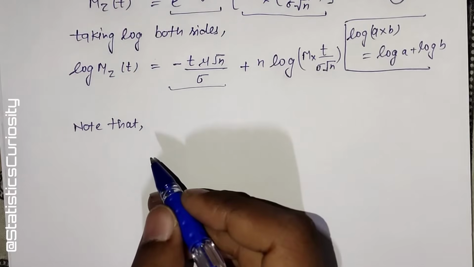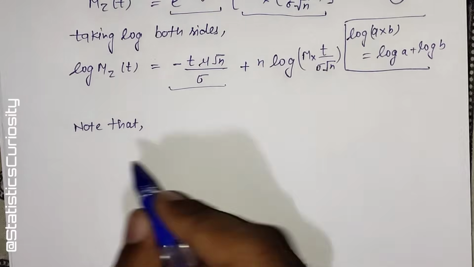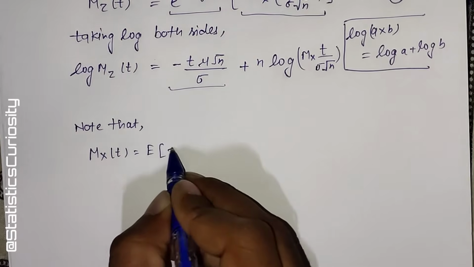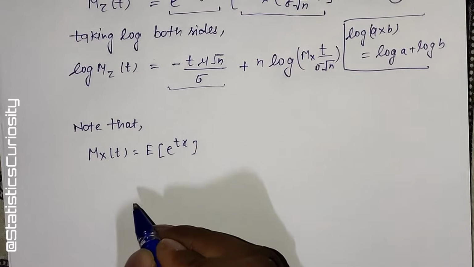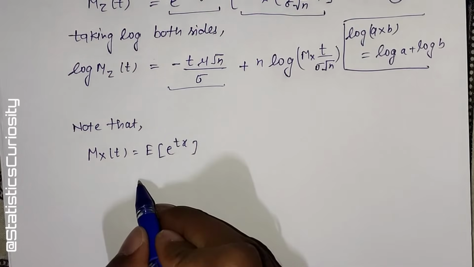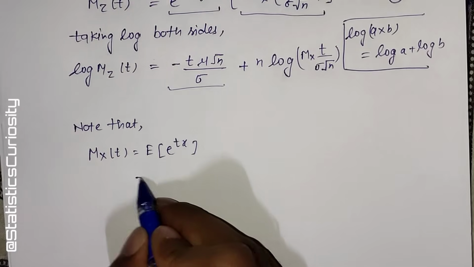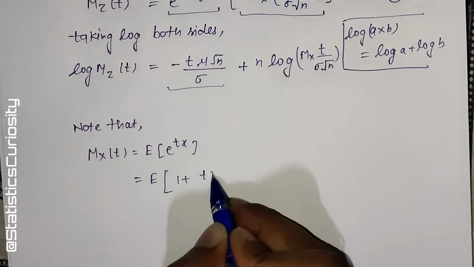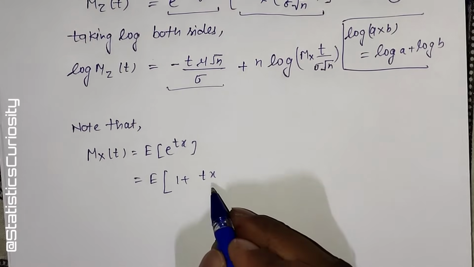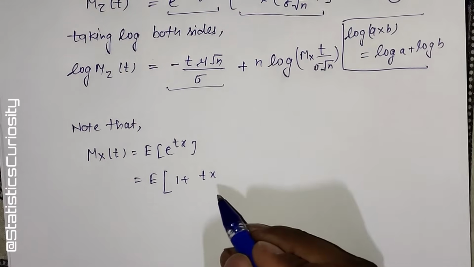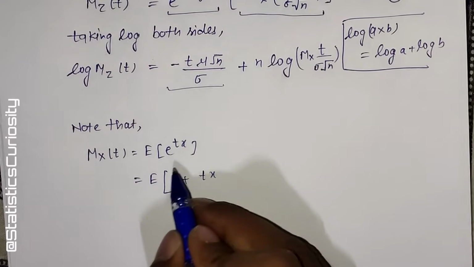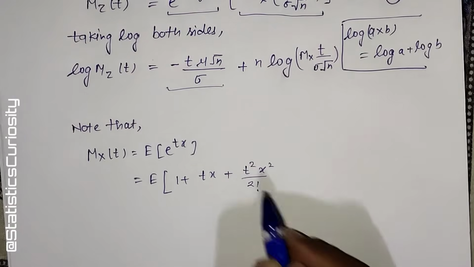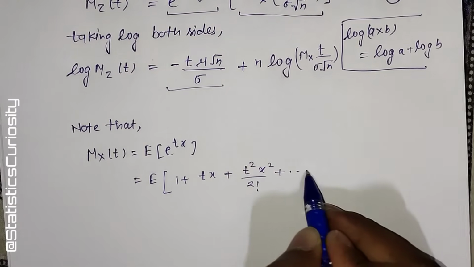Now note that we all know Mx(t) is the expectation of e raised to the power tx, and we can write this e raised to the power tx by expanding it as 1 plus tx plus t square x square divided by 2 factorial and so on.